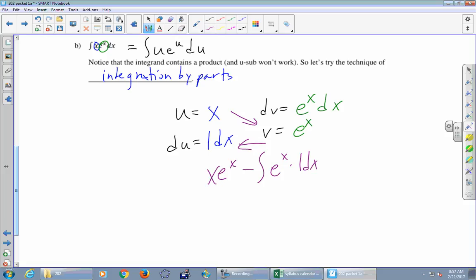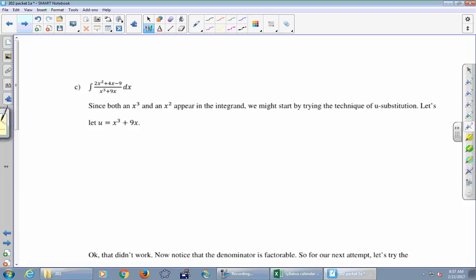When you're writing with the u's, that sort of confused me at first. Yeah, I think that's fine. The u in the dv business is really like u is a function of x and v is a function of x. So yeah. Okay, next page.